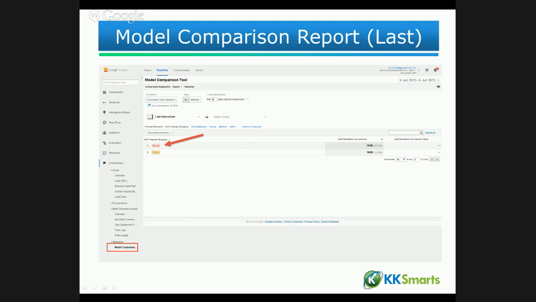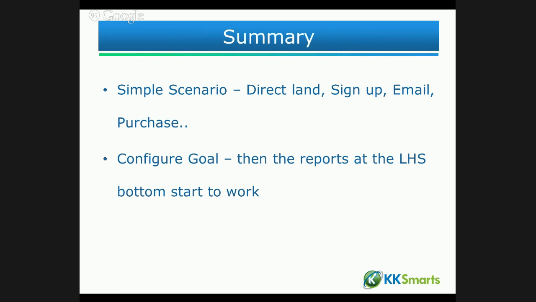So what have I done this afternoon? Well, I've created a simple scenario. Land from a direct channel, sign up, then disappear, get an email with a link, come back, purchase, and have a goal of the page that you get to following the purchase.